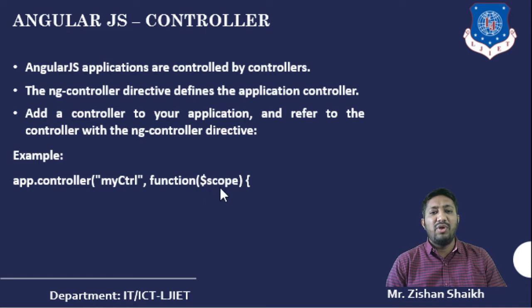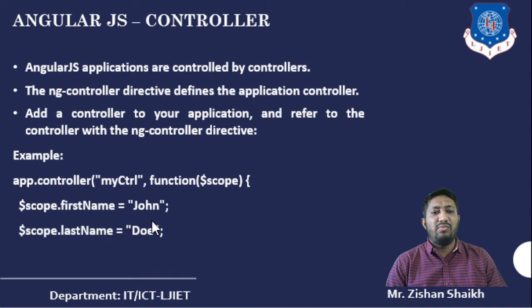In the function's parameter you have to pass the scope variable. I will explain this terminology later. Here, scope.firstName is equal to a value and scope.lastName is equal to a value.